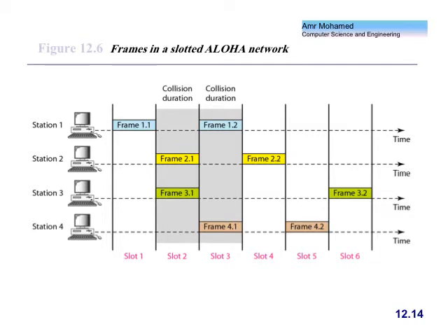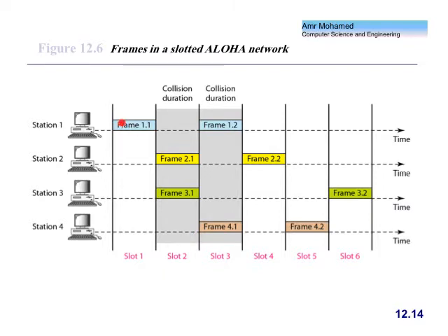During that time, if any node tries to send, a collision will happen. The main problem is that there is no restriction for any of these nodes to send at any point in time.